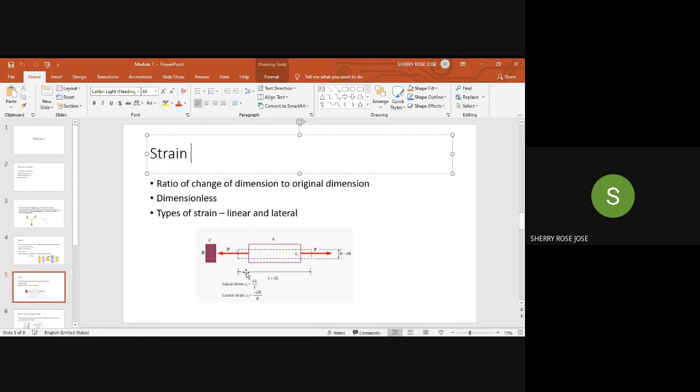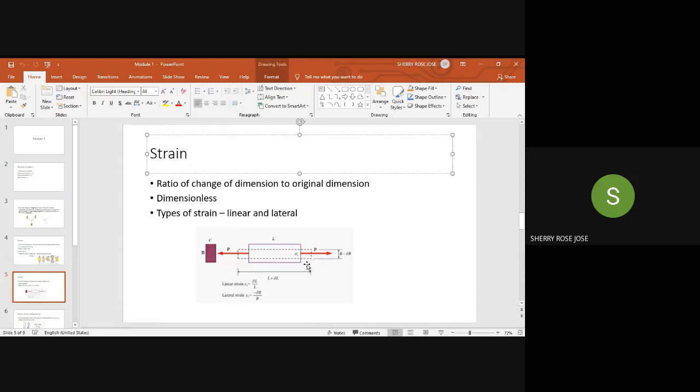Linear strain is the change in dimension of the body in the direction of the load applied. This is the direction of the load applied, and this is the dimension which is parallel to the direction, or which is in the direction of the line of load application. The change in this dimension is termed as linear strain.